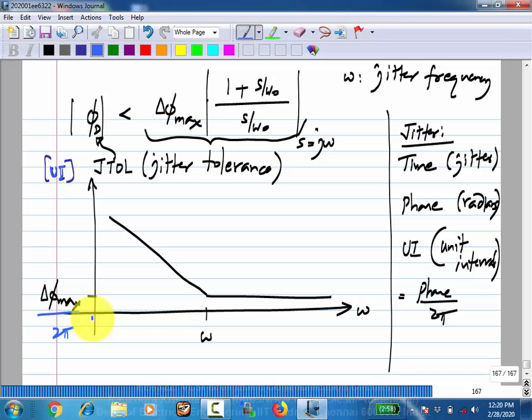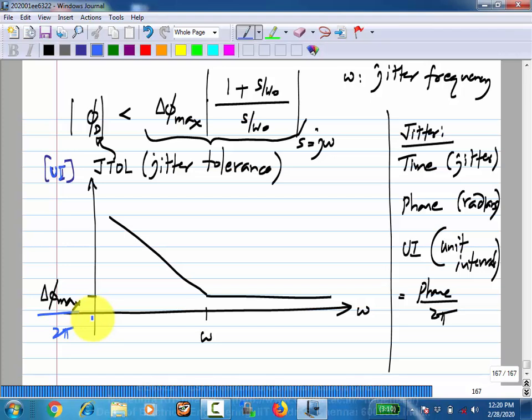Any questions? So that basically depends on your design. Your design will behave some way as the clock moves away from the center. So as you move away from the center, bit error rate starts increasing.